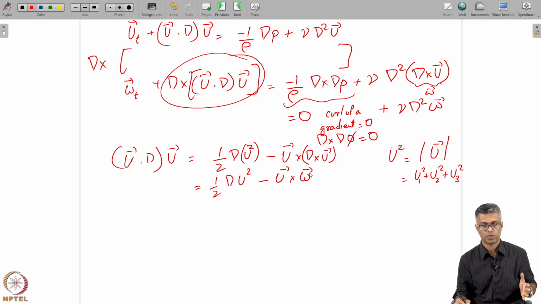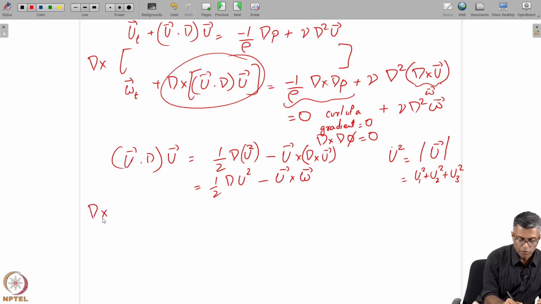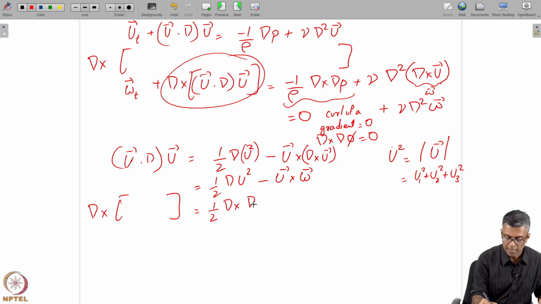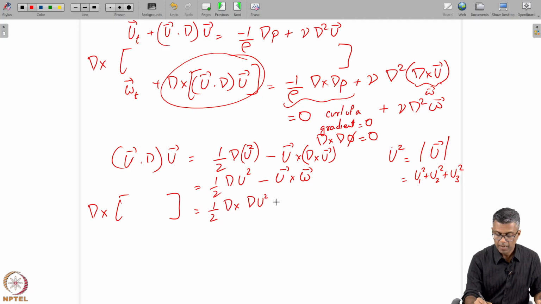That's the definition of vorticity. So u cross omega. Now, if I take a del cross of this term, I will have half del cross del u squared, isn't it? Half del cross del u squared minus del cross u cross omega.